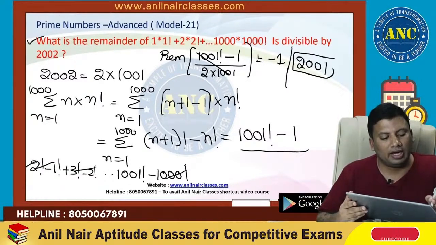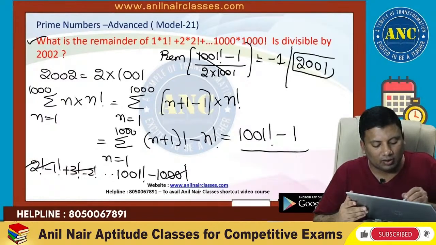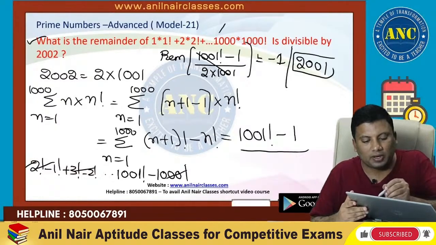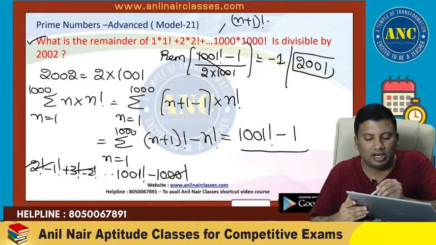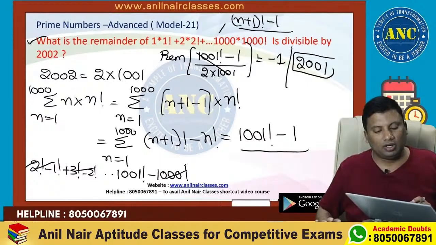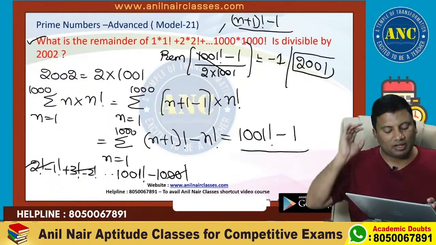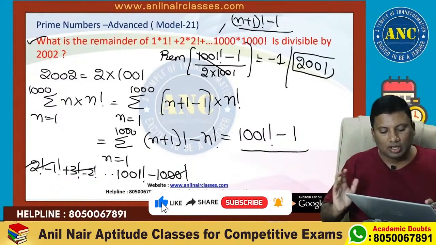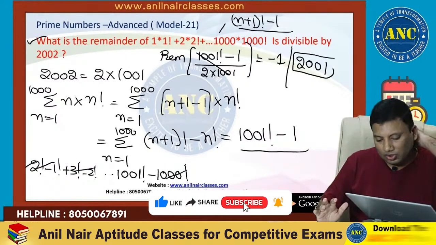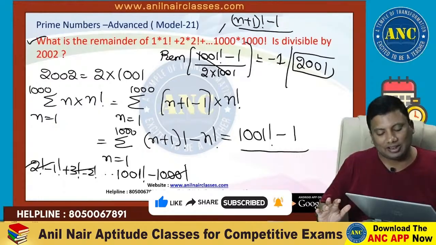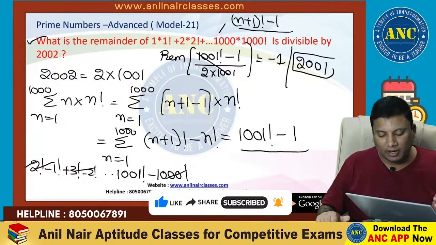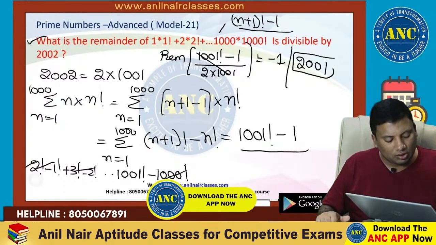Writing this expression as n plus 1 factorial minus 1, the same logic applies.